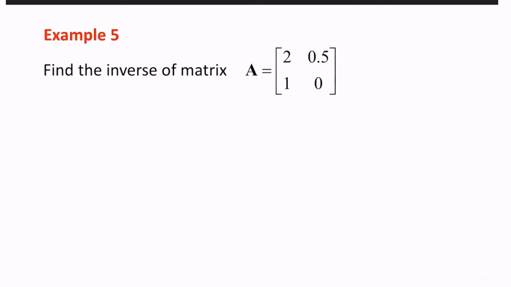Okay, find the inverse of this matrix. So to find the inverse for this, we need to do a few steps. So to find an inverse, first of all, we need to find the determinant of it.